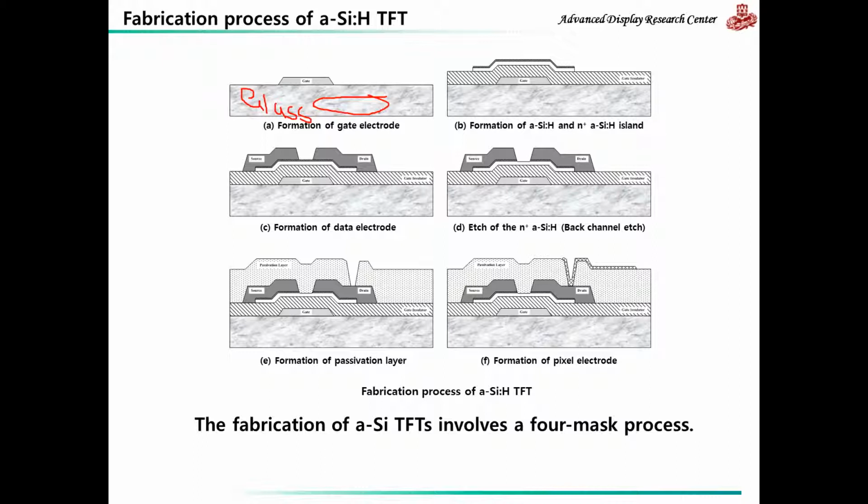Now, a metal layer is deposited on glass by sputtering and patterned to form the gate electrode as indicated in A here. So we deposit a metal and then we pattern it using photolithography to form a gate metal.